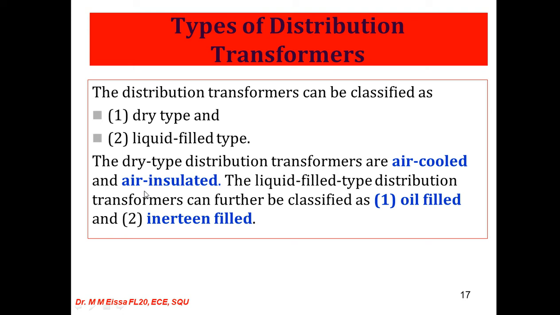The liquid filled type of distribution transformer can be classified as filled with oil or indirect tin filled. This is for a specific kind of transformer, filled with inert gas.